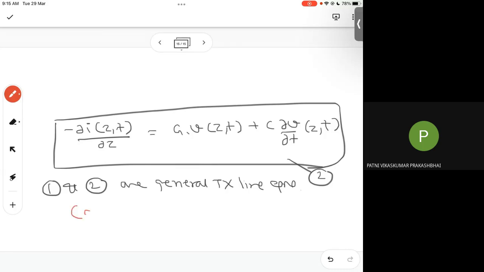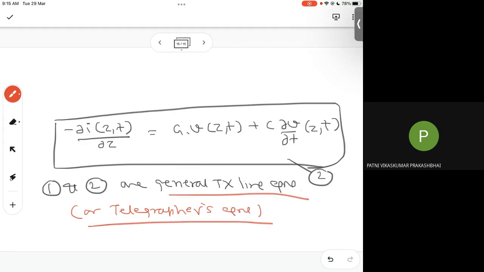And this is so common that it is also called the telegrapher's concept. The telegrapher is the earliest form of the communication system. The most common forms of communication were people speaking in a loud voice or through pigeons.